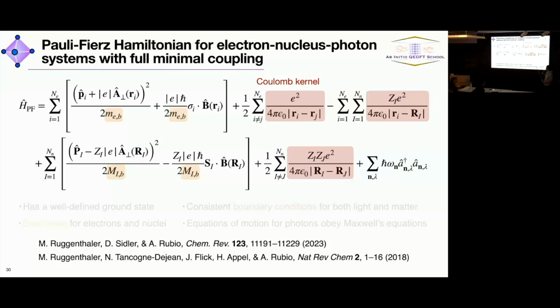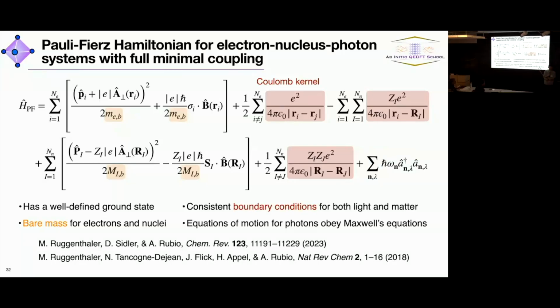Another thing I want to point out is, as I said before, when you see this Coulomb kernel form, it already has some implicit boundary condition applied. So you have to make sure of your boundary condition, because if you change it, you are going to change this form.